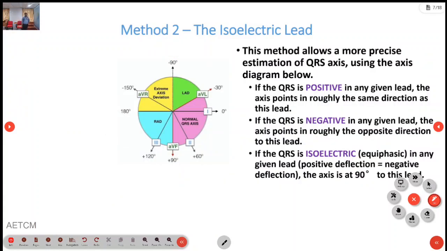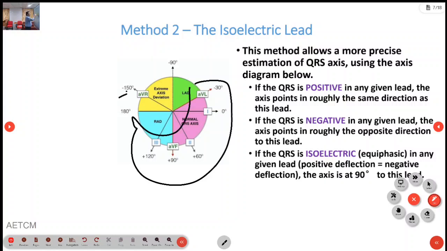Now there is another method, that is the isoelectric lead, and with that lead you can find out the axis. It is a better method than the previous one, but it is a little complicated. If the QRS is positive in any given lead, these are the leads.